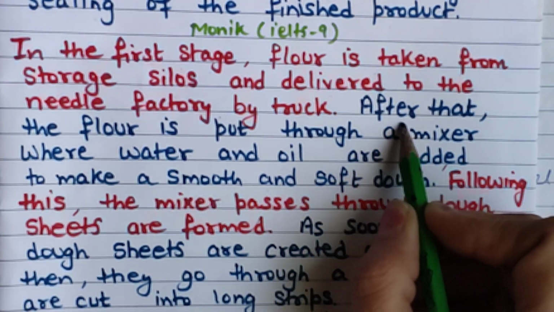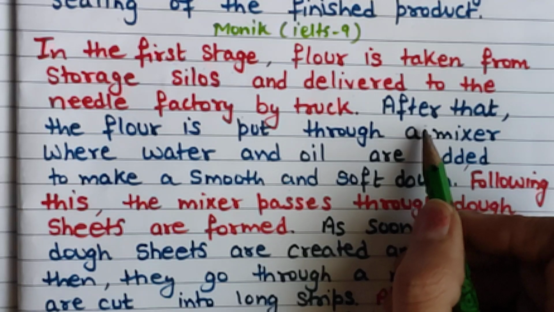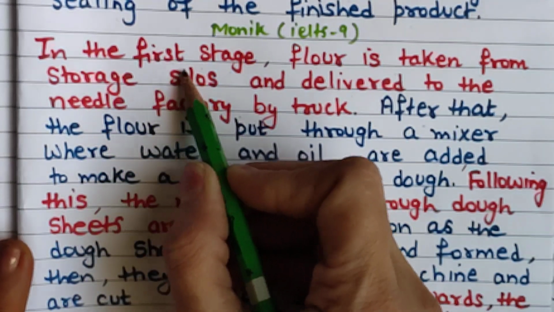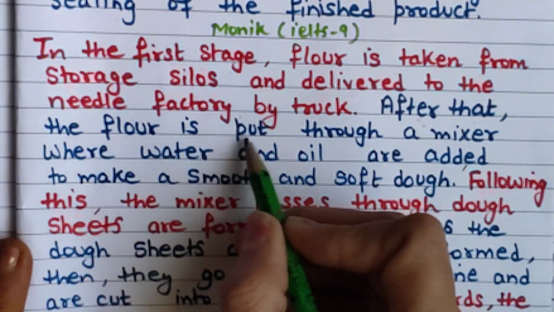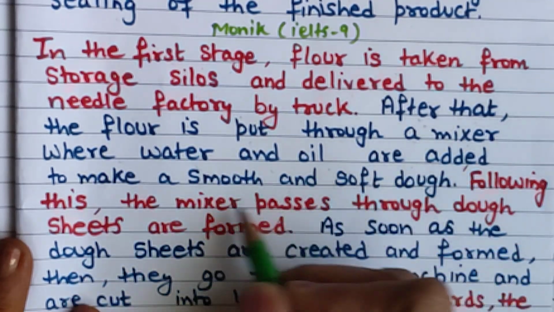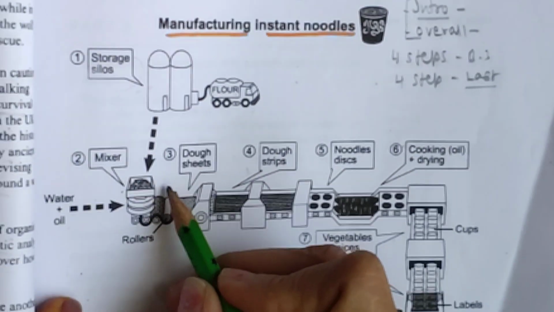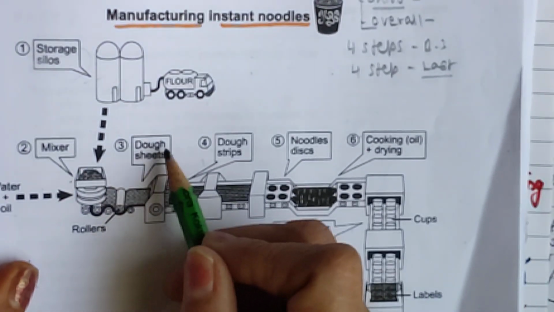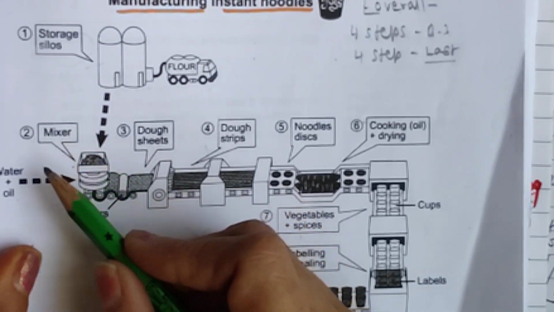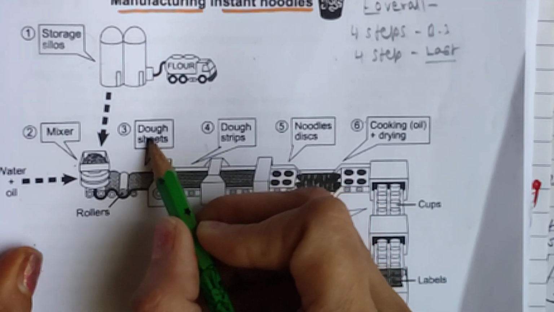Okay, after that, second step. I am not using the words first step, second step, third step, fourth step. No, first stage I have given. After that, the flour is put through a mixture where water and oil are added to make a smooth and soft dough. This is not written in the chart, but I have made it myself. When water and oil are with flour, of course they are making dough sheets.